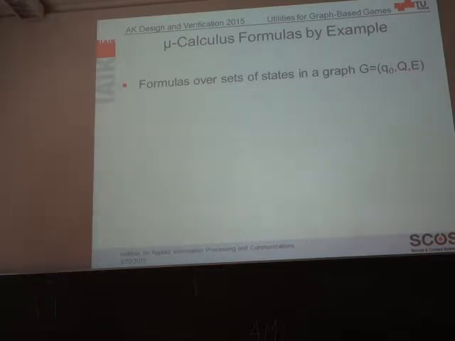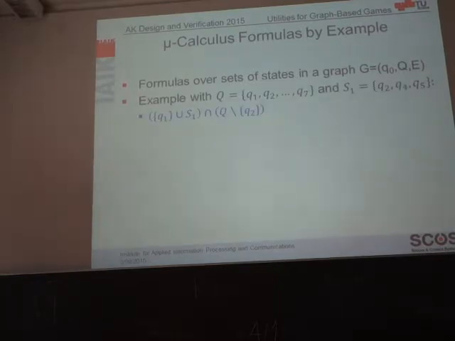The more important thing here is that you get the intuitive meaning of these formulas. So Mu-Calculus is formulas over a game graph, and intuitively these formulas always evaluate to a certain set of states in this game graph. So the result of evaluating such a formula is always a certain set of states in the graph.